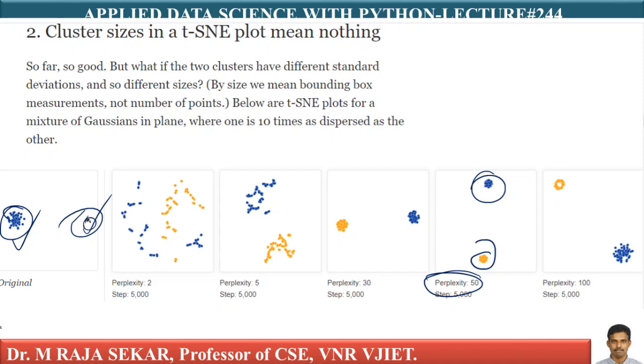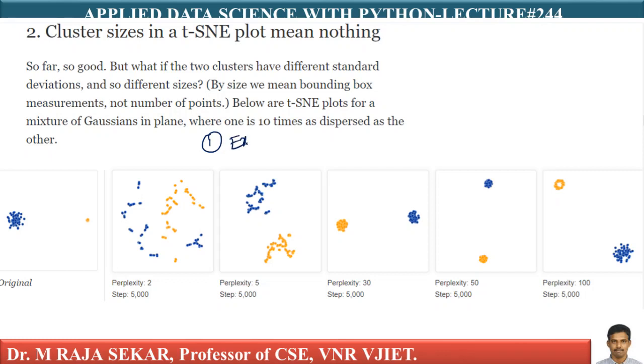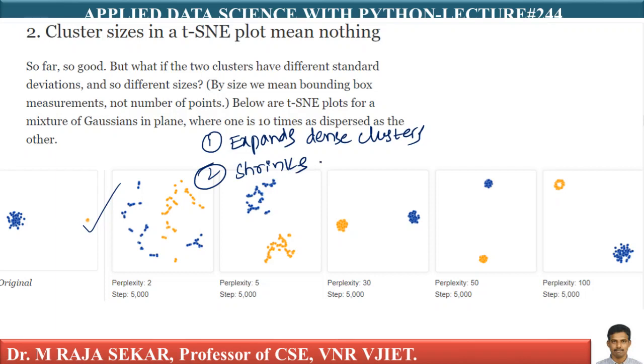Let me write it like this: expands dense clusters. This is my dense cluster, isn't it? And another one is shrinks or contracts sparse clusters. Just see, this is the sparse cluster, it is shrinking.